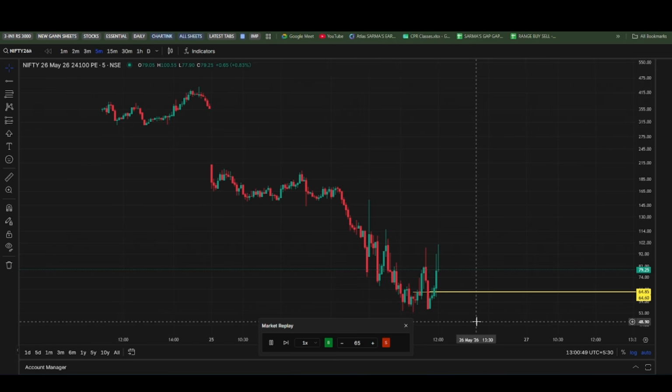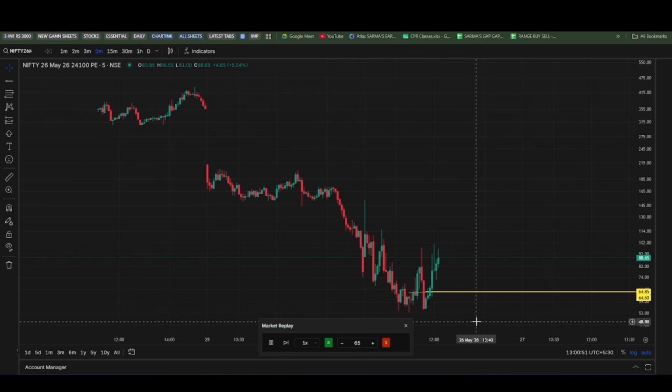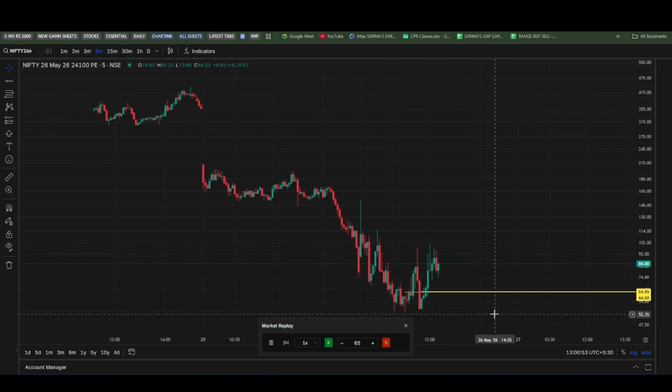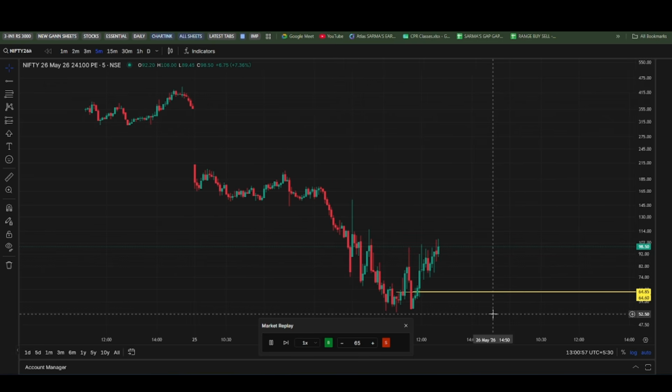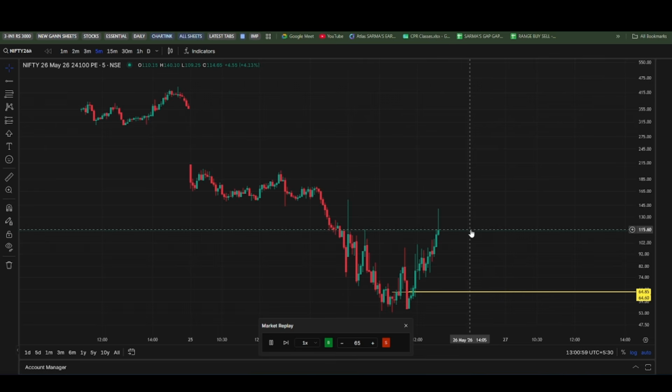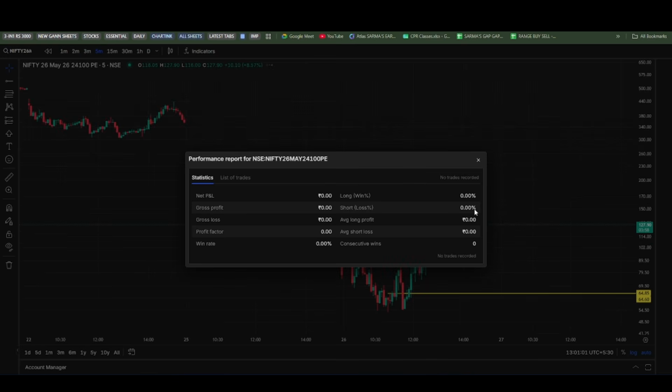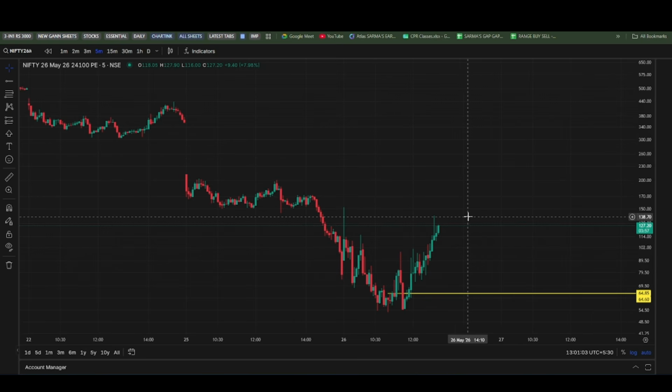Again, he has given us, okay, low was not broken, from 65 to 94. Oh, wow. So 139. The high was 139 and still going up.